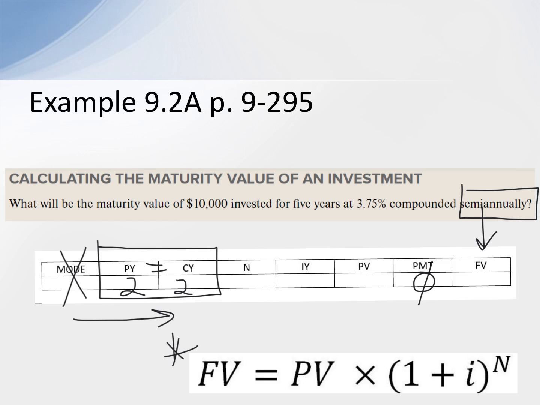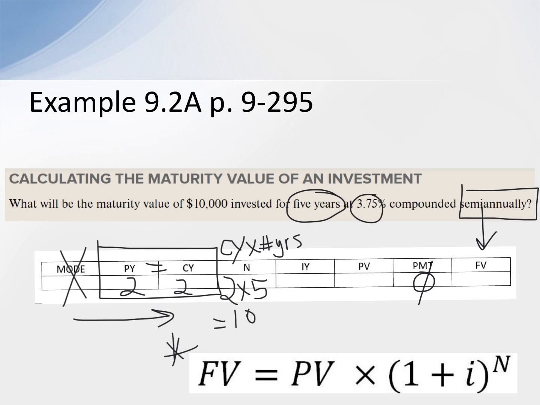The next variable is our n. We know that n is calculated by multiplying compounds per year times the number of years. Again, 2 times a year is the number of compounds, and it says here that this investment is 5 years long. So 2 times 5 would be 10. Our n is 10.